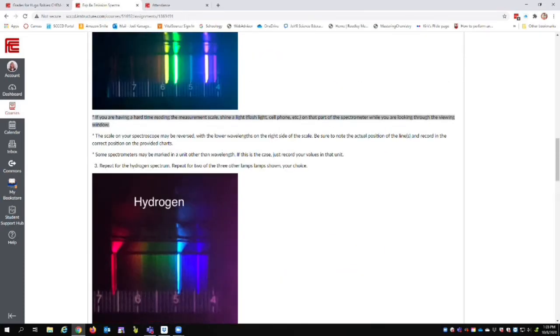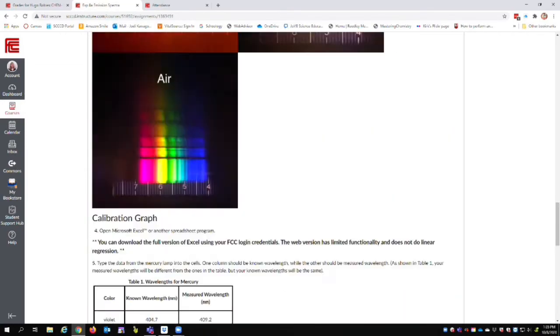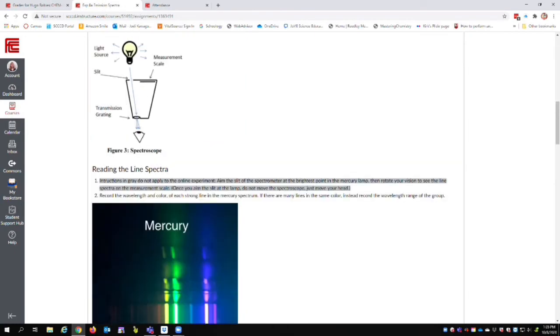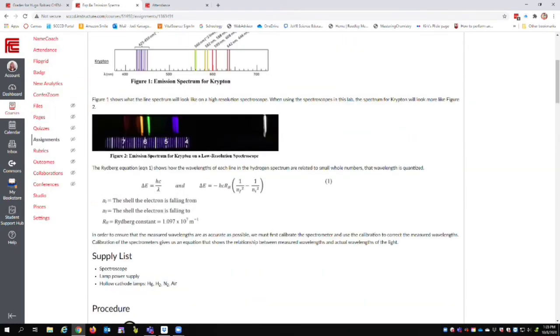So the other part of the experiment is, let's see, it's up here, has to do with the Rydberg equation.